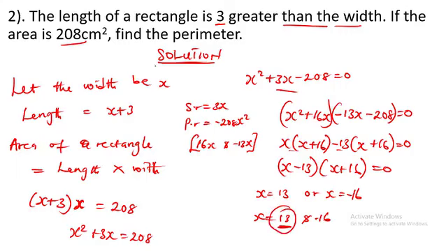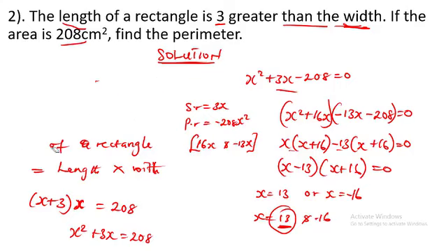Okay, and then we are told that the length of the rectangle is 3 greater than the width. And we've gotten the width now to be what? 13 cm. Is that correct? We've gotten the width to be 13 cm. Permit me to clean something here. Let's clean this and make use of the space.